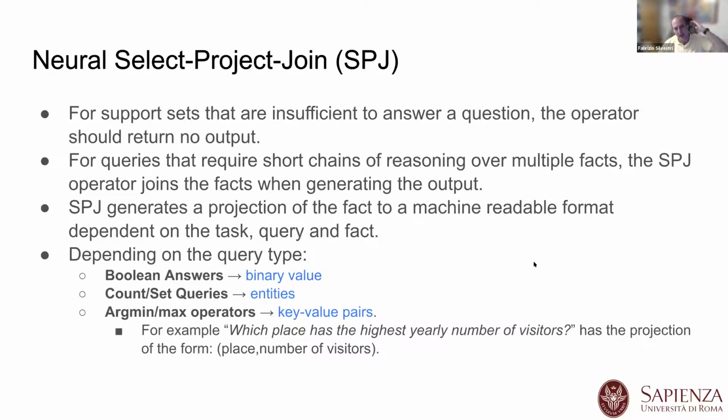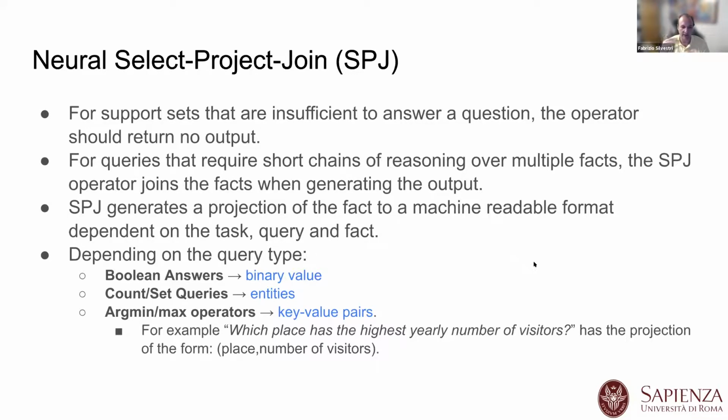The Neural SPJ is really a simple transformer component trained on different tasks that depend on the query type. So for Boolean answers, you seek to generate binary values.